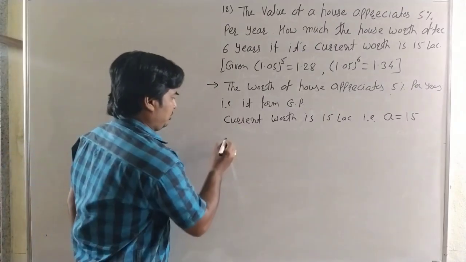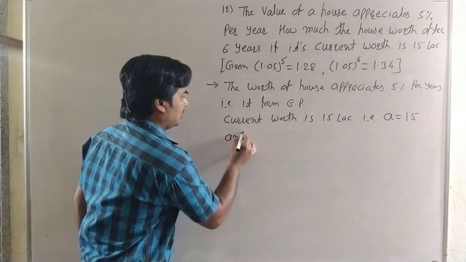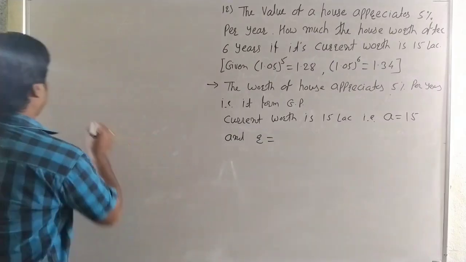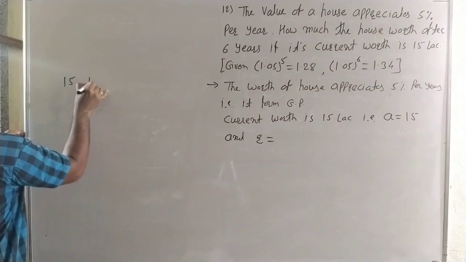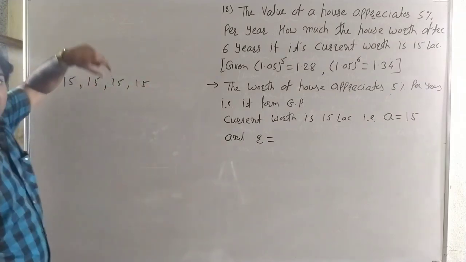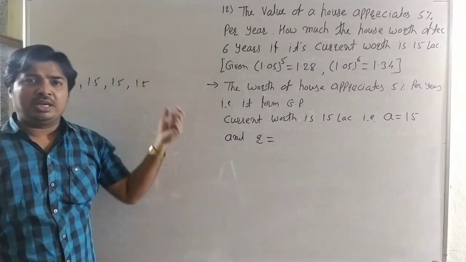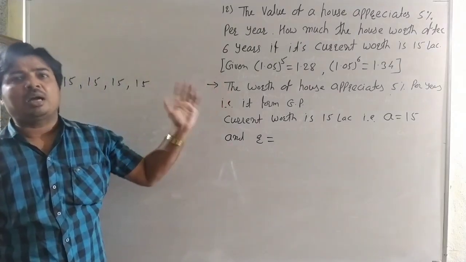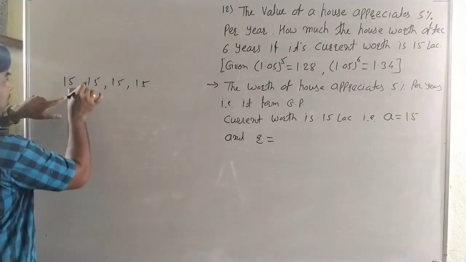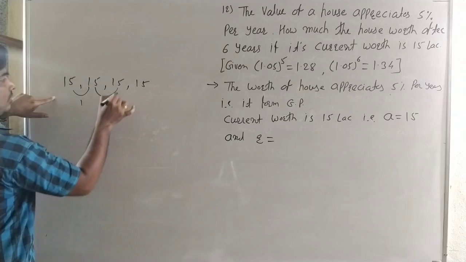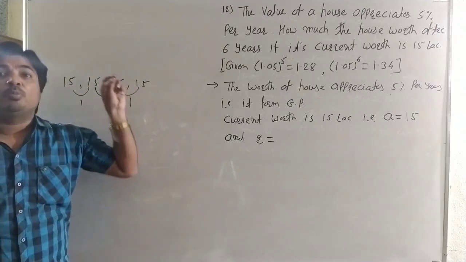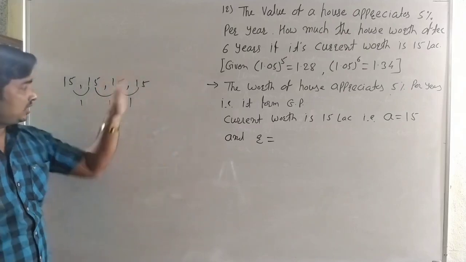Now the common ratio, R is equal to... see carefully. If the worth of the house does not increase, that means the value of the house is 15 lakh, then 15 lakh, 15 lakh, and after 6 years it is also 15 lakh. If it is constant, the ratio is 1. But it increases by 5% per year.